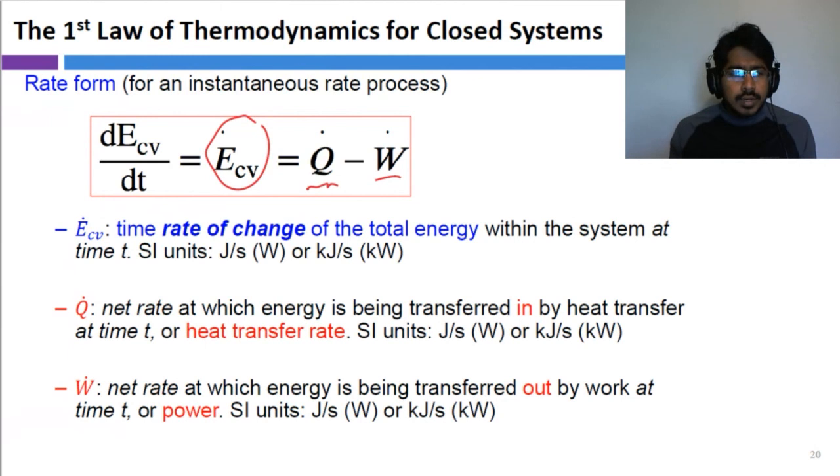Why do we need the energy rate equation? Because we need to make sure that our stove can generate enough energy in a given time interval to boil our egg within a given time. We don't want to put the egg in the morning, wait until evening and still not boiled, and wait for the next day. We will die out of hunger. So we need to ensure that I can get this egg boiled within 5 or 10 minutes. Are we all clear why we need these two forms, the rate form and the cumulative energy balance form?